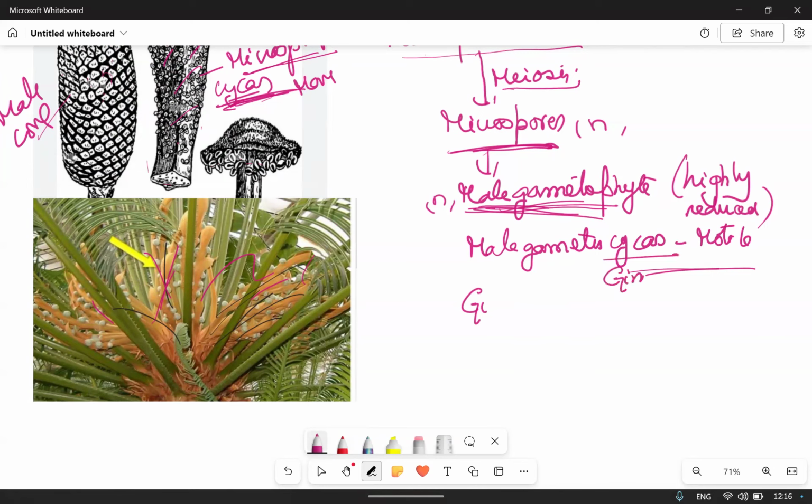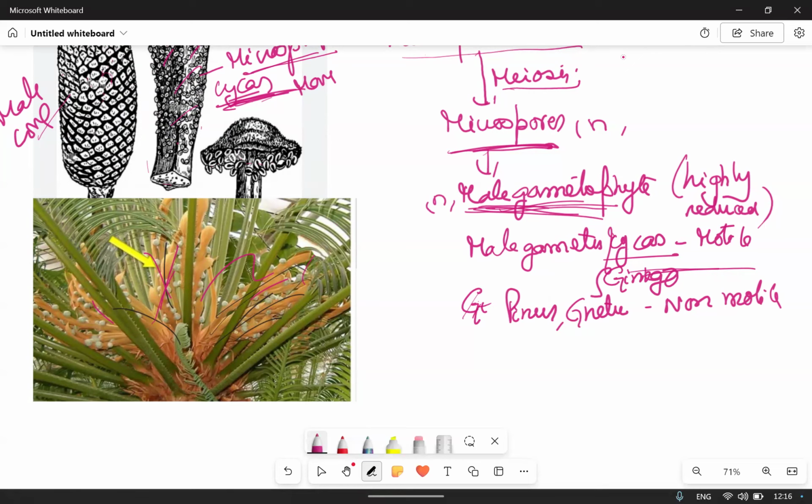But in Pinus and Gnetum, those are non-motile. Cycas and Ginkgo are living fossils, I said, no? So the male gametes of Cycas and Ginkgo are motile. That's why you can see zooidogamous type of oogamy.